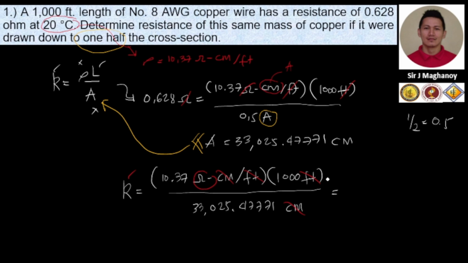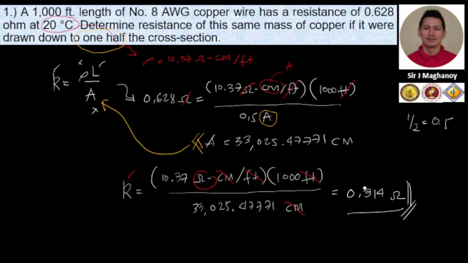Okay, so doing the math, the final answer for your resistance is 0.314 ohms. So this is the value of the new resistance when your cross-sectional area is drawn down to one half of its cross-sectional area.